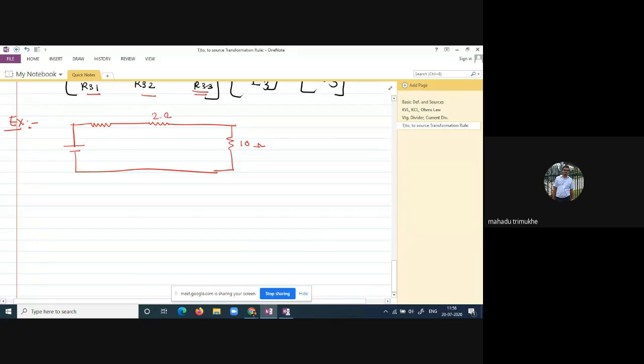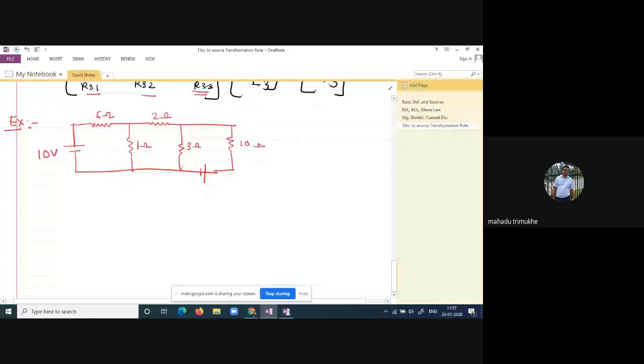So 6, 10, 1, 3, and here your voltage source is 20 volt.